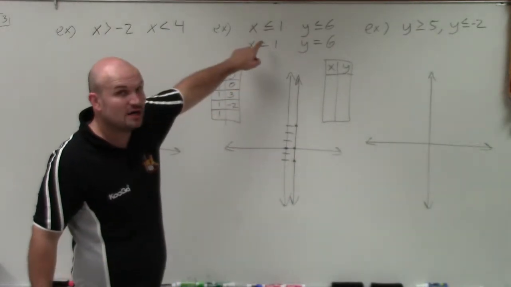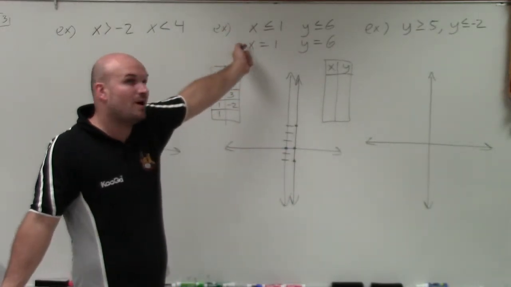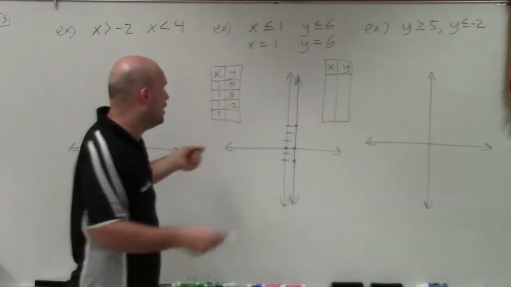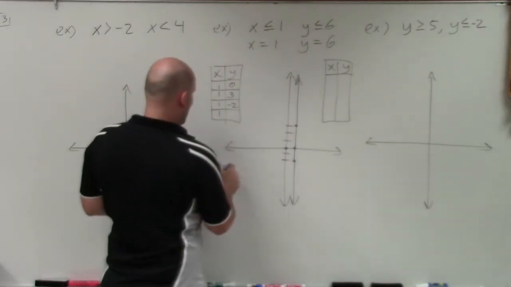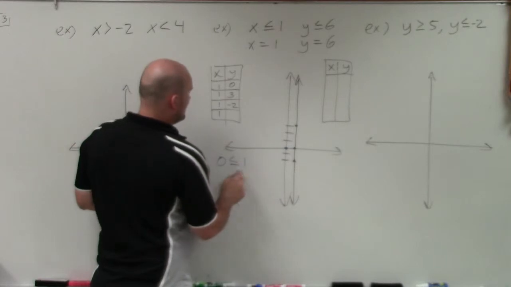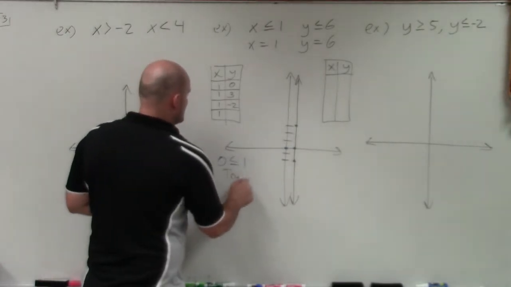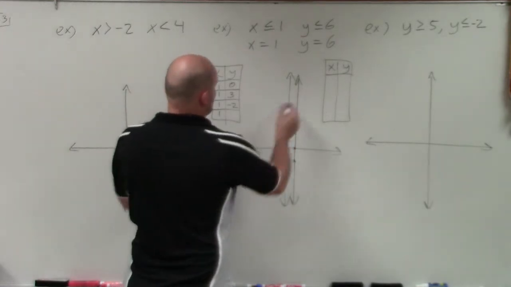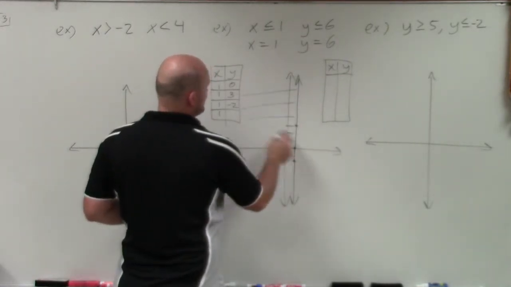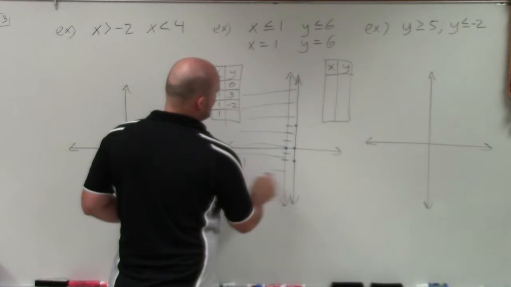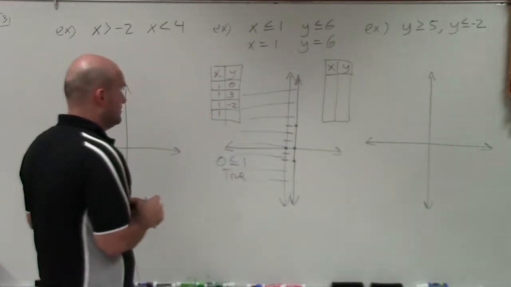However, for our inequality, we don't have a value for y. So guess what? We can't apply it. All we can do is apply the value for x. So we just determine is 0 less than or equal to 1. And that is true. So since that is true, we are going to shade all the points going to the left. Because if the test point's true, that means all the points to the left are going to be true.